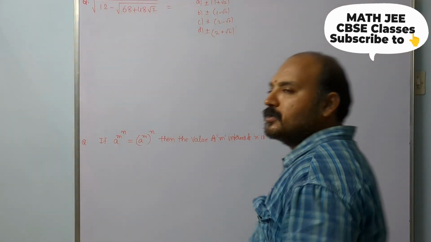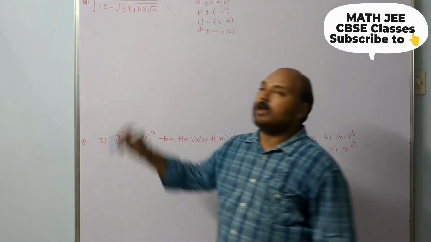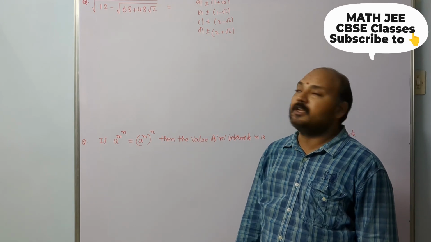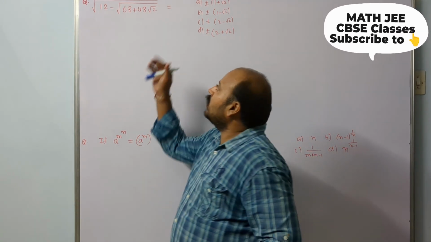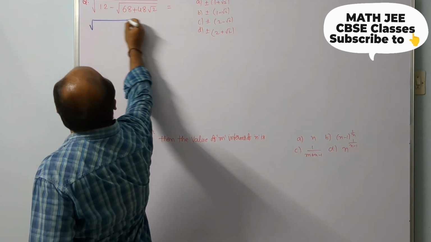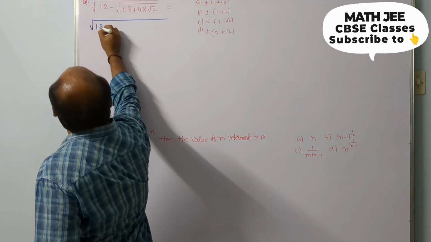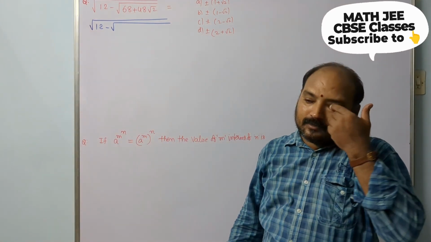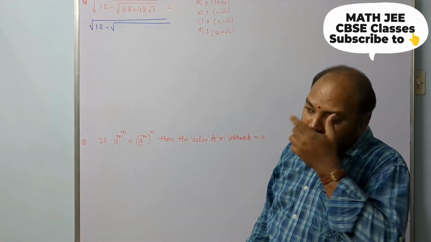Yeah, the next question, dear students. Square root of 12 minus square root of 68 plus 48 into root 2. So how to solve this type of problems? Here square root of 12 minus square root of 68, how to write it?